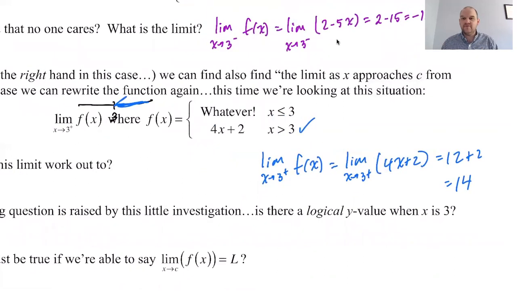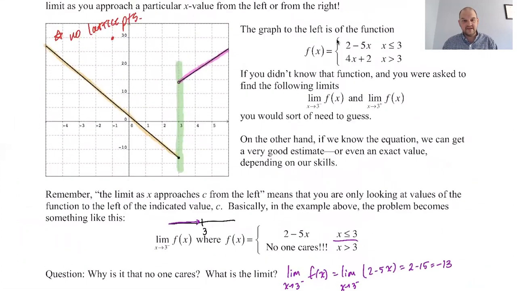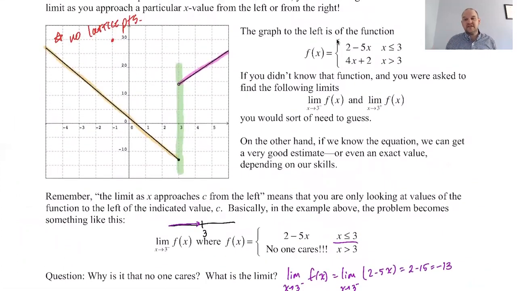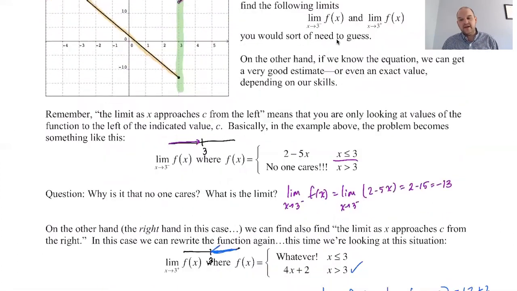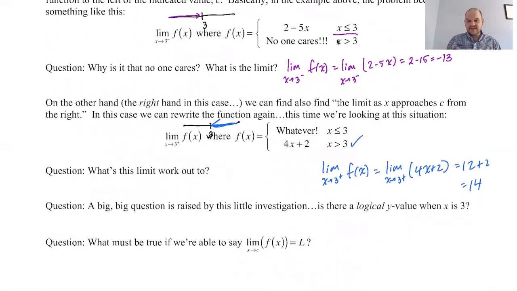So we were able to find the two limits, but we could not do it graphically. Graphically, it's a nightmare because you just have to guess, and there's no way to know. Things that look like 14 could be like 13.9, 14.01, like who knows? But once you have the equations, you definitely know. And not only that, we just proved that the limit doesn't exist.